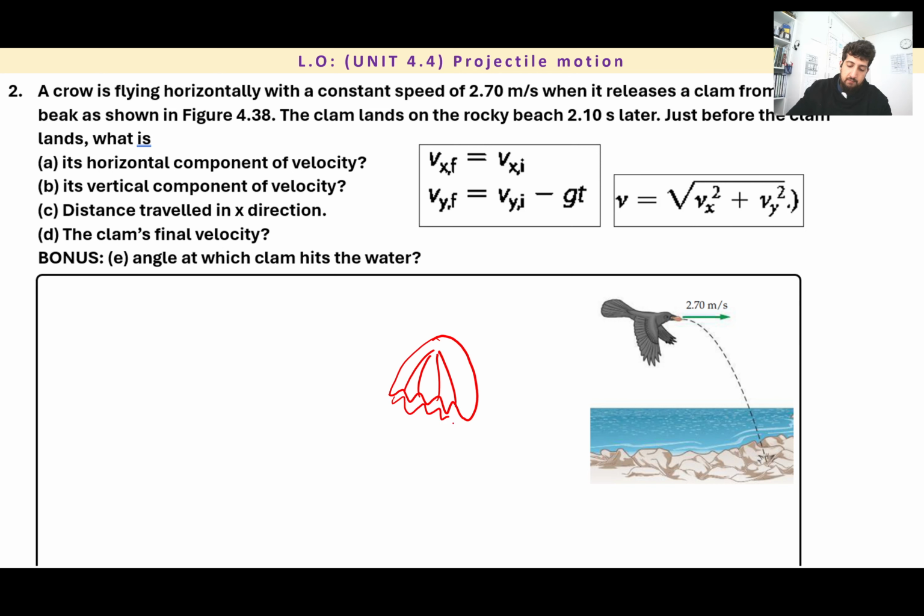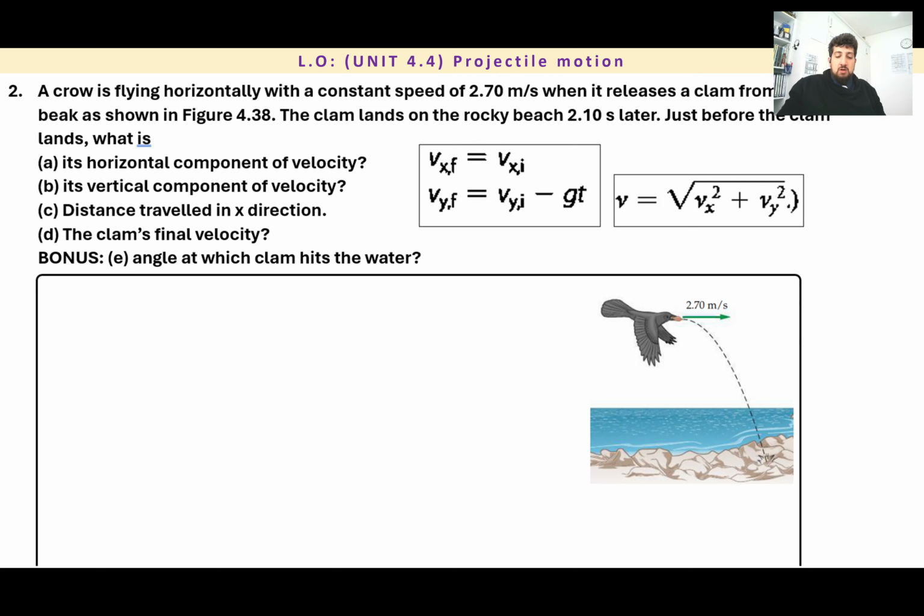Obviously crows are very, very clever, and to break the clam, they drop it from a height to break it and eat the inside. So it releases the clam from its beak, as shown in figure 4.38. The clam lands on the rocky beach 2.10 seconds later. So after 2 seconds approximately, the clam lands on the rocky beach.